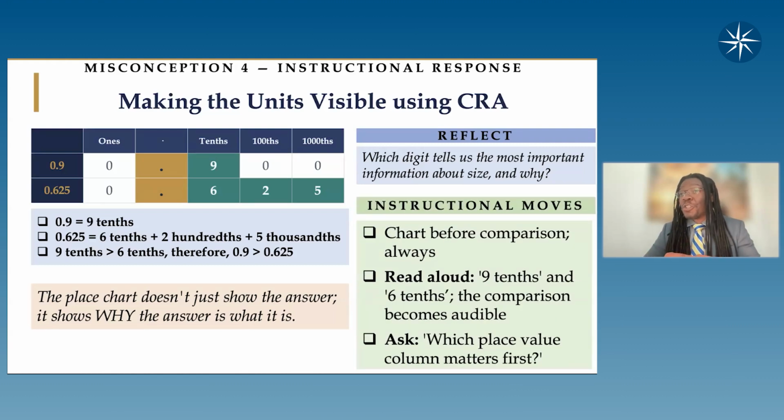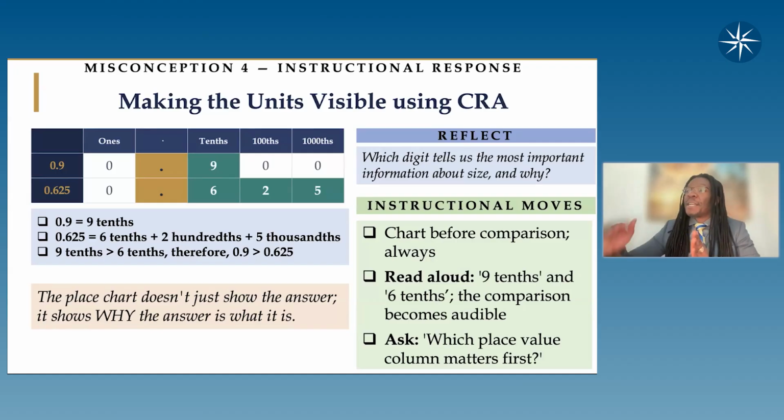So in terms of your instructional moves, when they're working with decimals, let them use this place value chart before you compare, and have them read it aloud. 9/10 and 6/10 is the first comparison. If they are the same, what do I do? I move to the next, to the hundredths column.